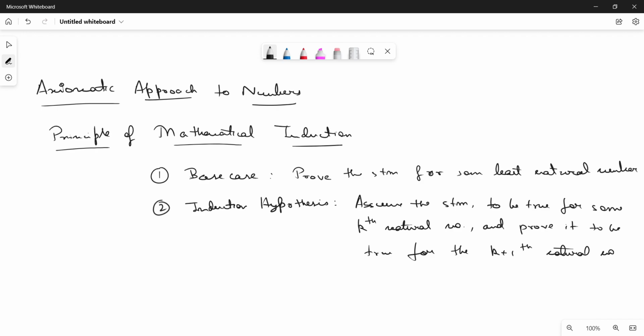So this is our basic principle of mathematical induction.